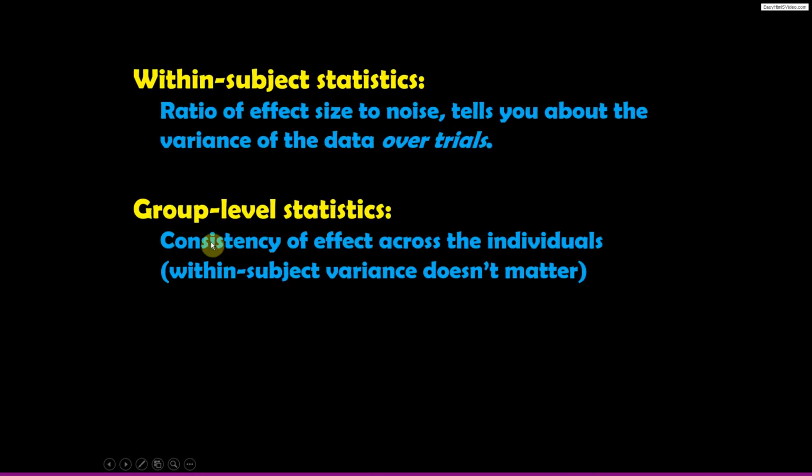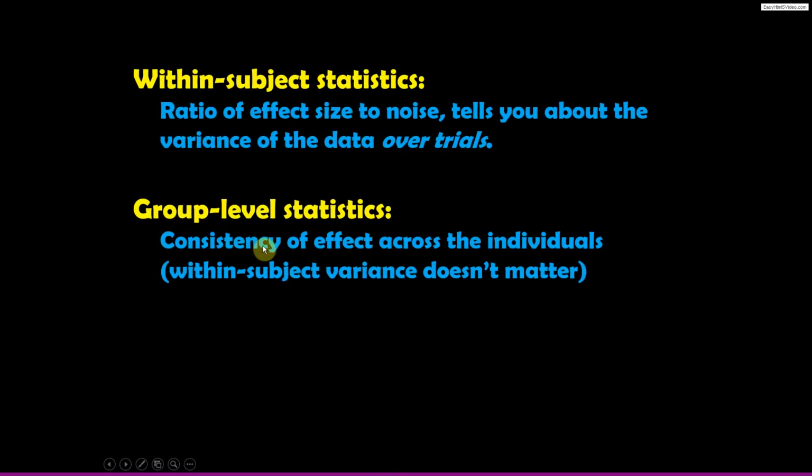When you do group-level statistics, so now this is statistical analyses done pooling data across 15 or 20 or 50 subjects, now what you're really looking for is the consistency of the effect, or the direction of the effect, across the individuals within your group. And within-subject variance doesn't actually matter, so it doesn't get taken into account in group-level analyses. So the variability over trials doesn't get into the group-level statistics.